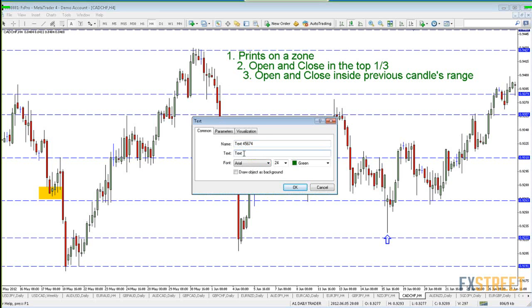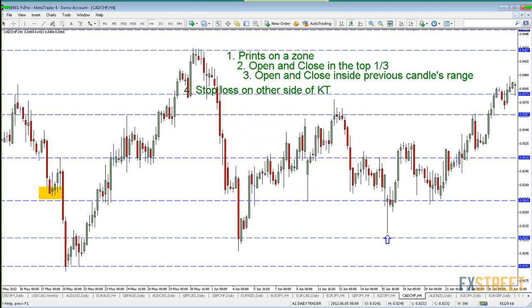Stop loss obviously goes on the bottom of the tail, on the other side of the kangaroo tail. The order is 5 pips above the high for a bullish one.